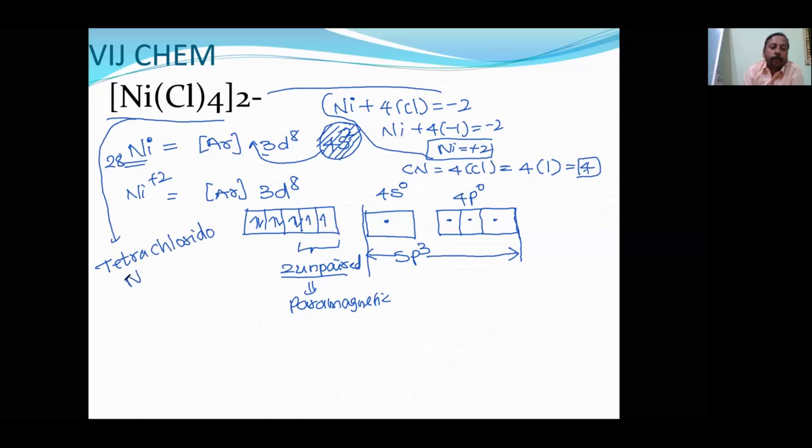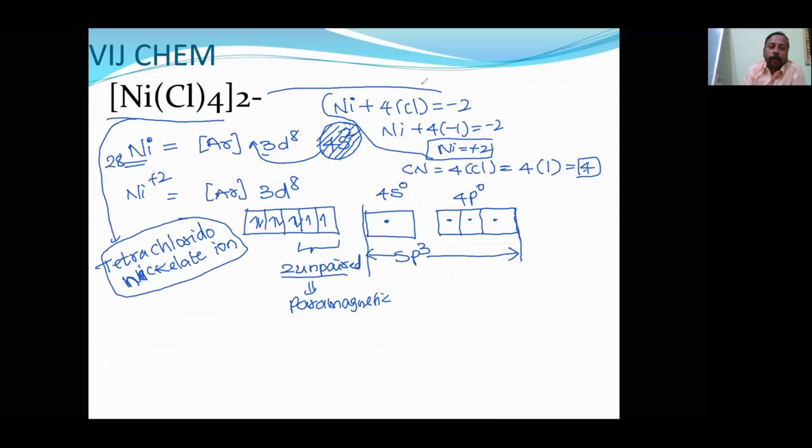As it is a negative ion, it will be nickelate. Nickelate, as a negative charge is there, therefore it will be ion. Tetrachlorido nickelate ion. Is it understood? Now this is the sp3 hybridization, paramagnetic.